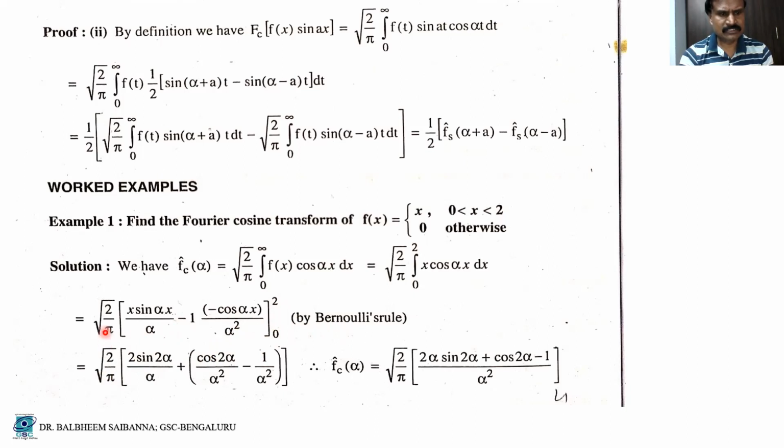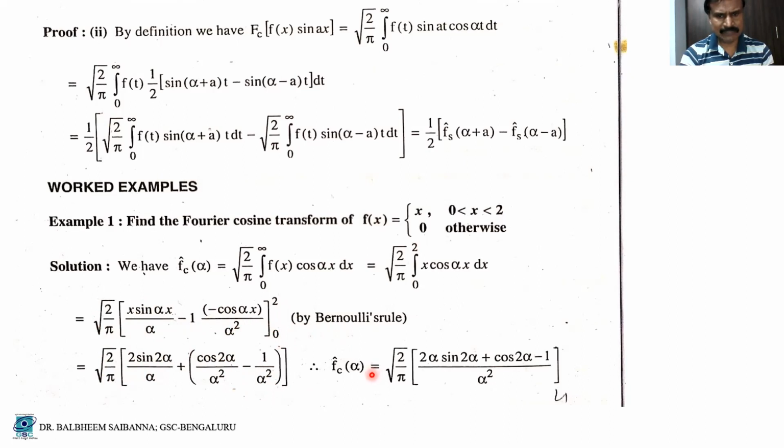Just substitute here: square root 2 by pi, wherever x is there, 2 sin 2 alpha by alpha, minus into minus gives plus, cos 2 alpha by alpha square, minus the lower limit. The lower limit is 0 here, because sin 0 value is 0. We substitute the lower limit and upper limit separately: cos 2 alpha by alpha square minus 1 by alpha square.